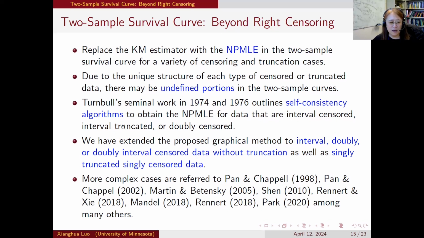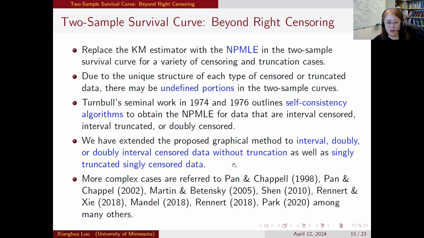And in this second work of ours, we extended Turnbull's method and some other authors' methods for different types of censored or truncated data to the two sample graphical method. Specifically, we extended the proposed method to interval censored data, doubly interval censored data without truncation, or the singly truncated and singly censored data.